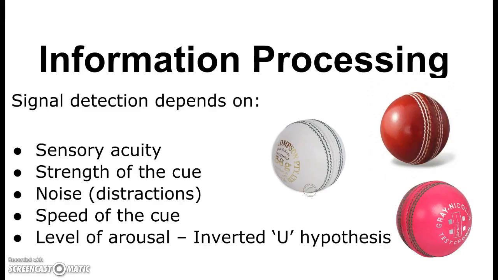And so depending on the time of day or whether the game is played under lights or whether it's a cloudy day, the cue would need to be made as strong as possible to help not just the learner but the player itself. So a variety of different colours of cricket balls are suitable for a variety of different environments, the whole purpose of which is to strengthen the cue.